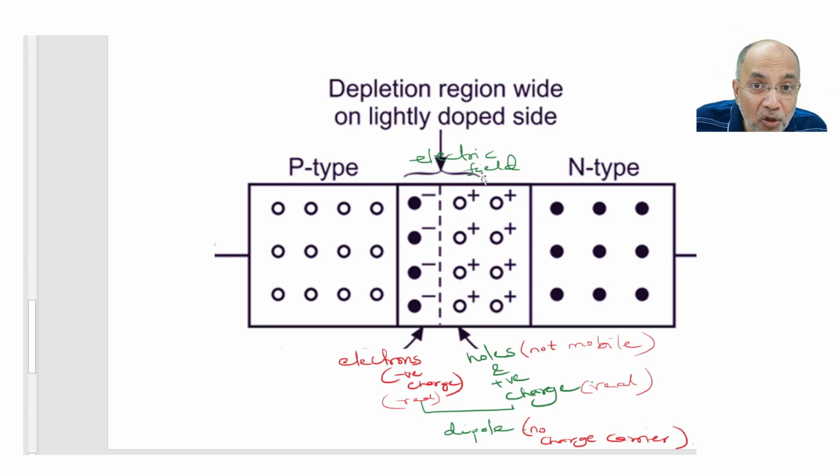The free electrons which are present in the N-type, remember, due to the impurity arsenic or phosphorus, those free electrons let loose, slip from the N side to the P side and occupy the holes, because the P side contains an abundant number of mobile holes.